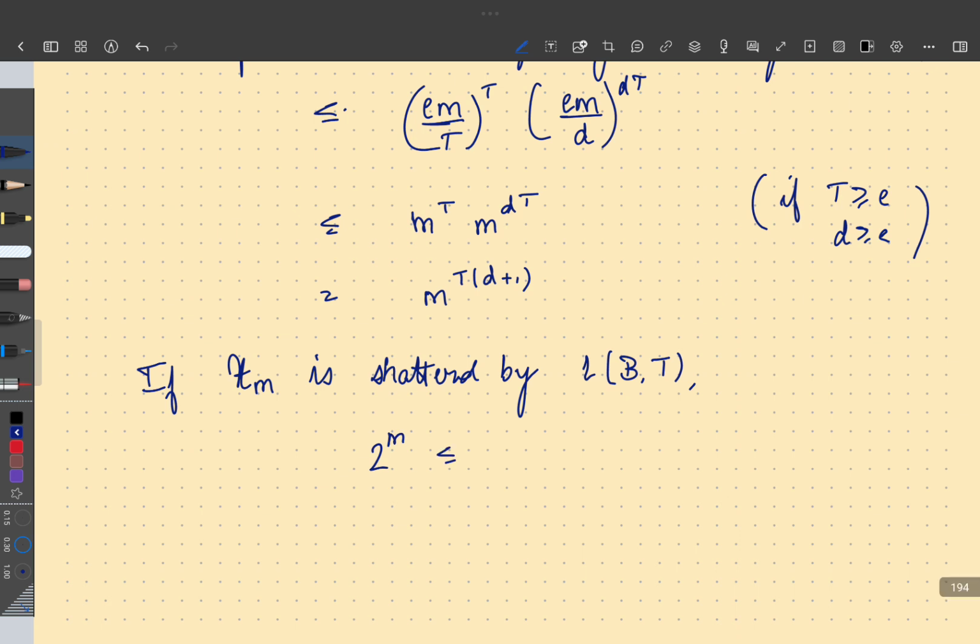So 2 to the power m should obviously be less than or equal to m to the power of t times (d plus 1), right?